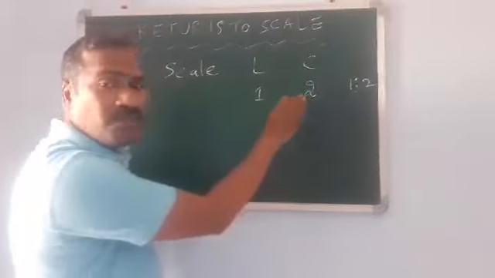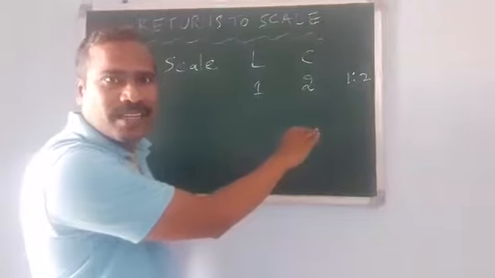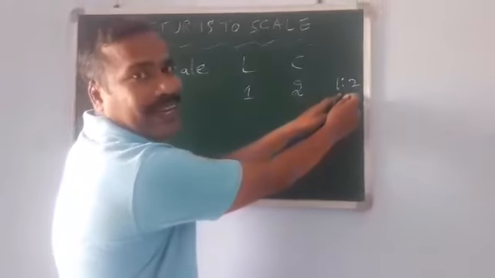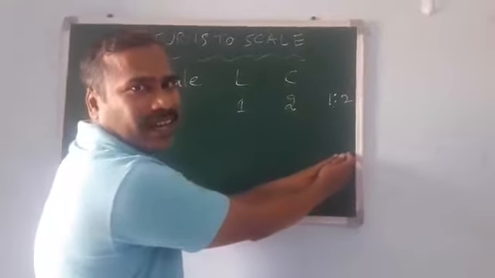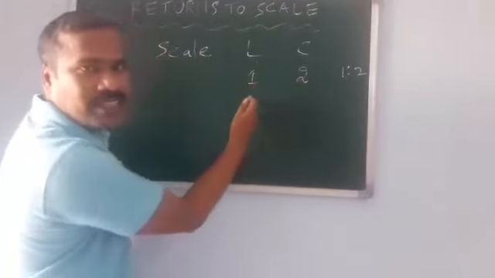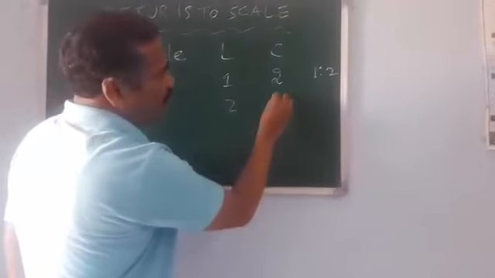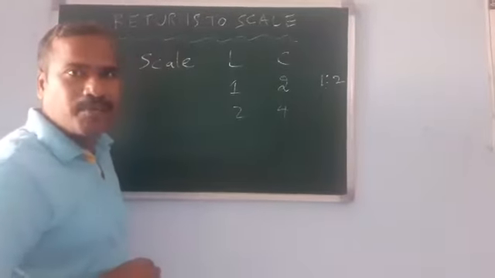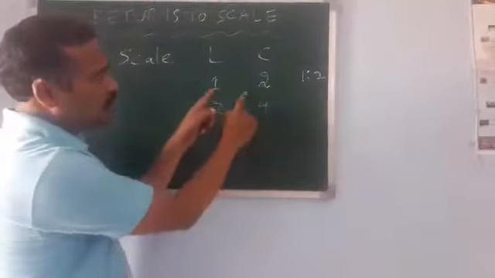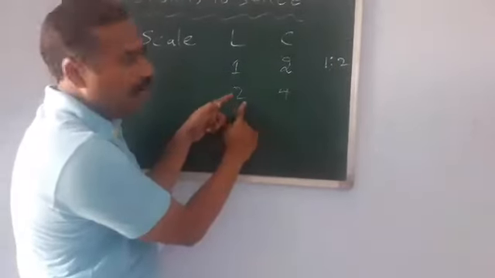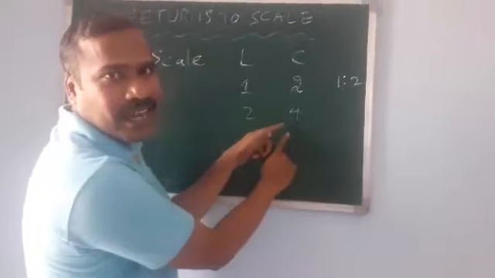Then if you want to increase the production, you should increase the scale. For example, for the next level of production, we want 2 units of labor and 4 units of capital. So we are increasing the labor and we are increasing the capital.